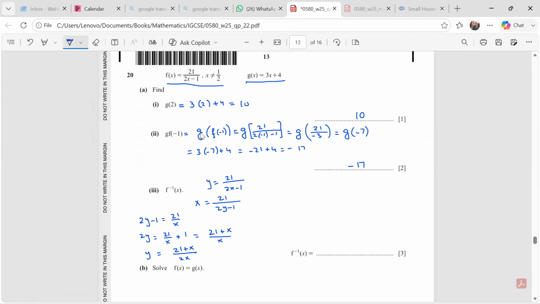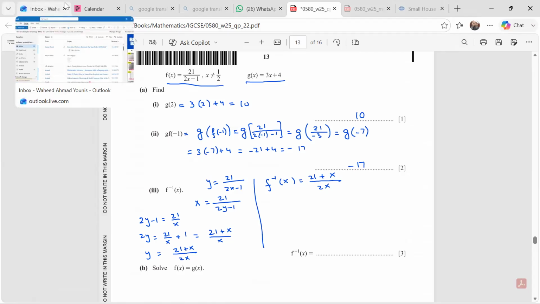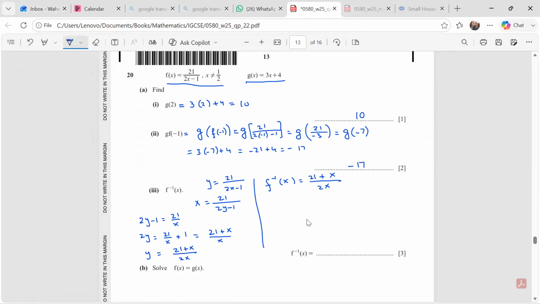So this is basically our inverse function. f inverse of x is equal to 21 plus x over 2x. Yeah, x plus 21. So f inverse of x, I should write it here, 21 plus x over 2x.